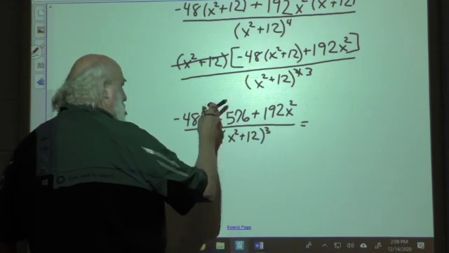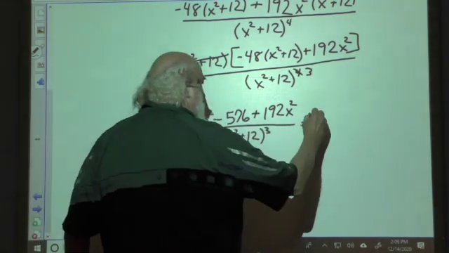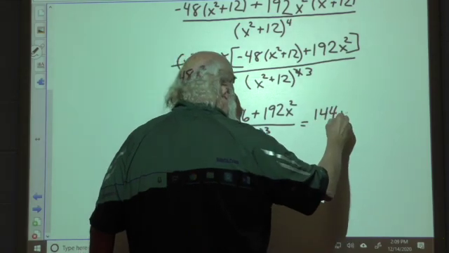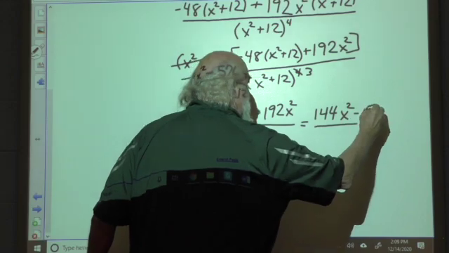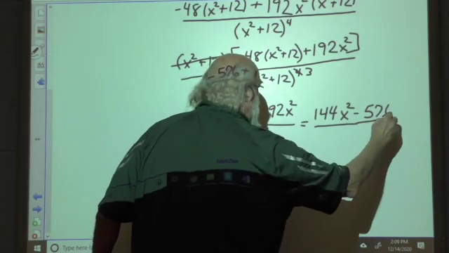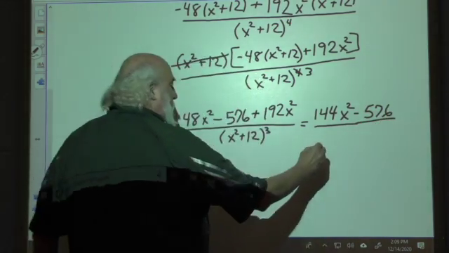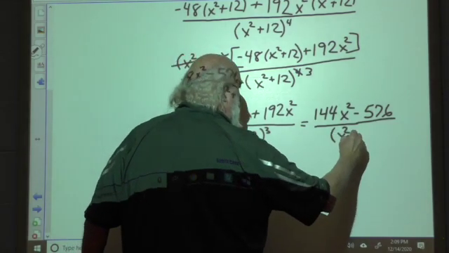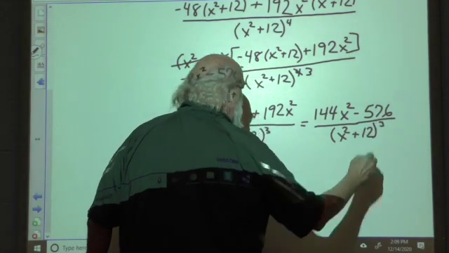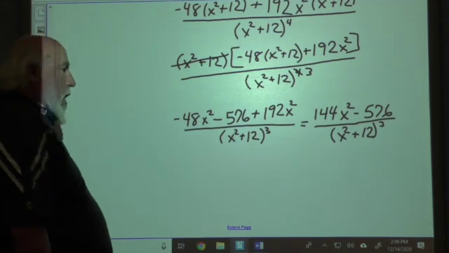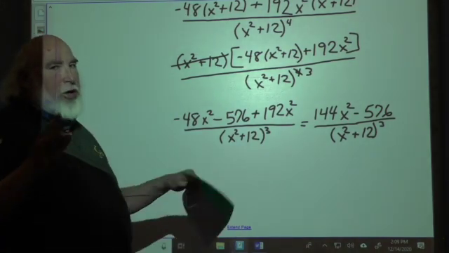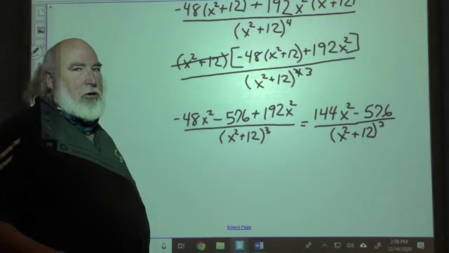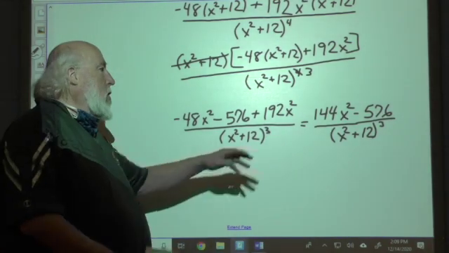Now I'm going to combine these two x squared terms, and it gives me 144x squared minus 576, that's kind of important, over x squared plus 12 cubed. Okay? Now at this point, you could stop.